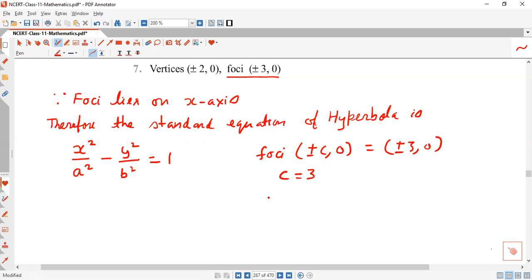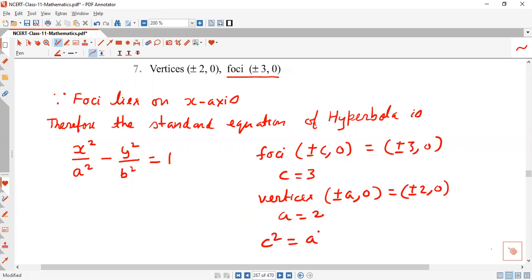Now vertices are given. Vertices, you know, are plus minus a comma 0. So it is given to you plus minus 2 comma 0. So a equal to 2. Now we know c square equal to a square plus b square, which implies that b square equal to c square minus a square.